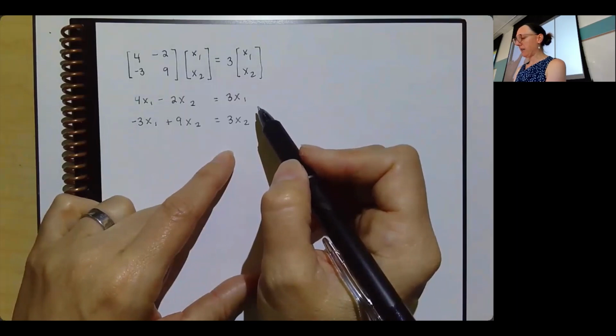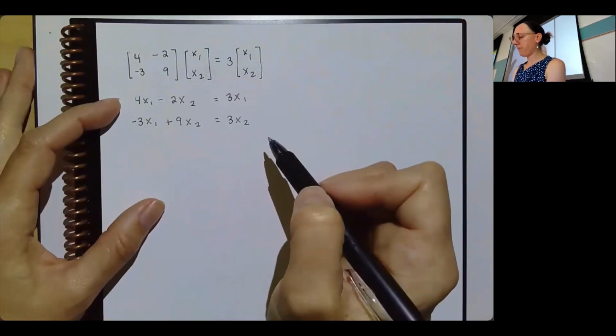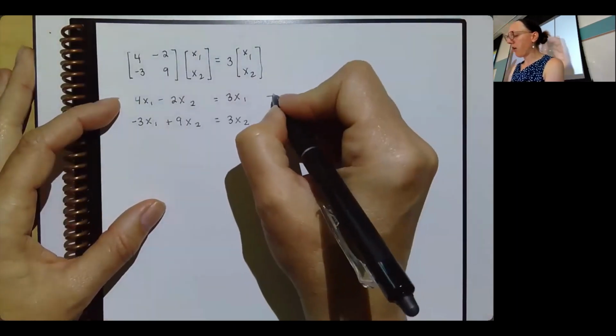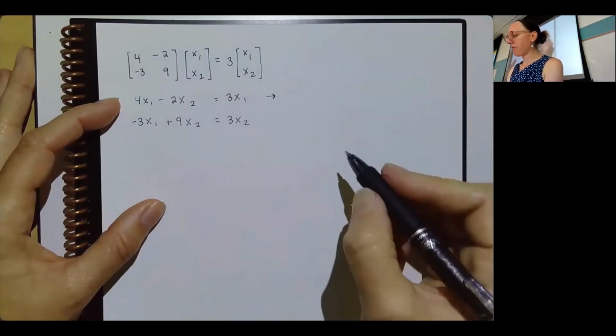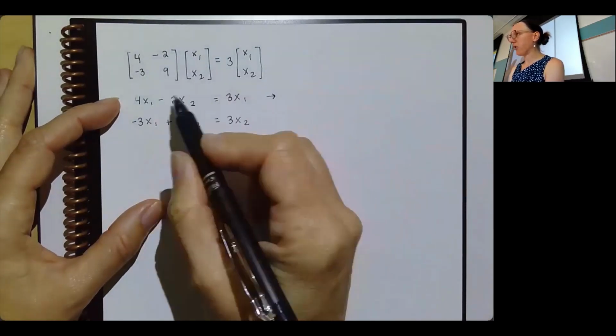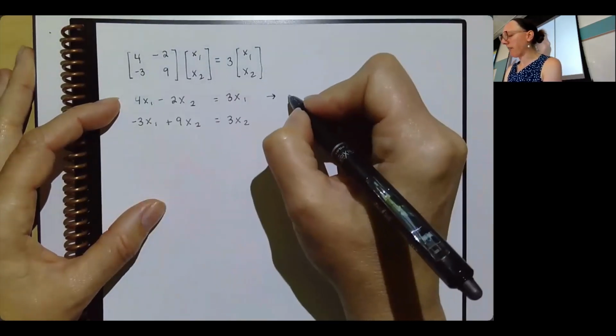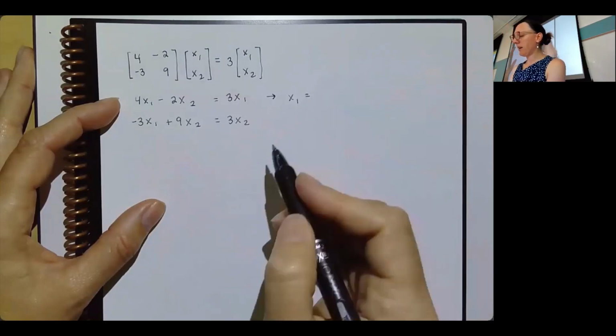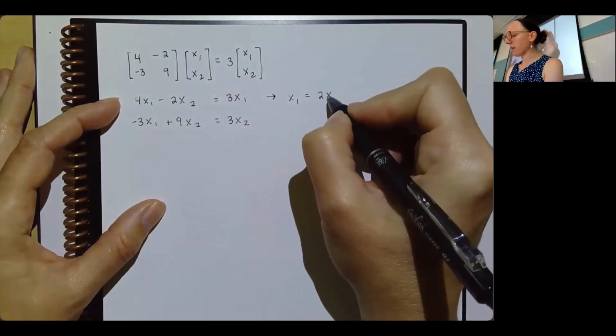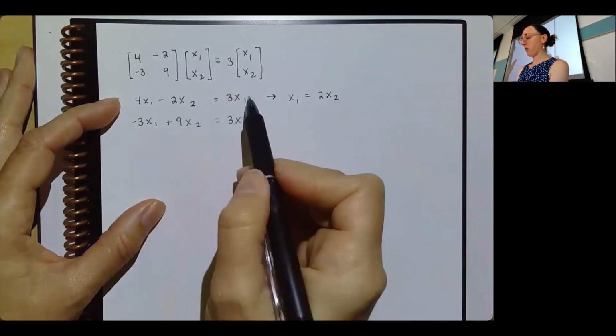Looking at the top row, I got all my x1s on the left. By subtracting 3x1 from both sides, I'd have x1 is equal to 2x2 by adding that over.